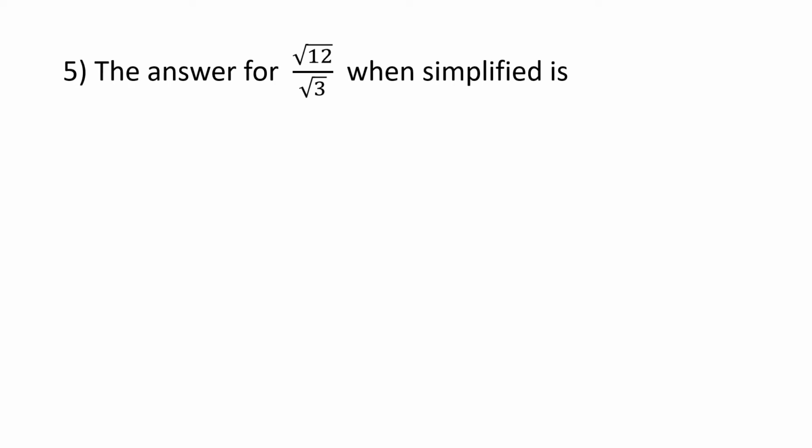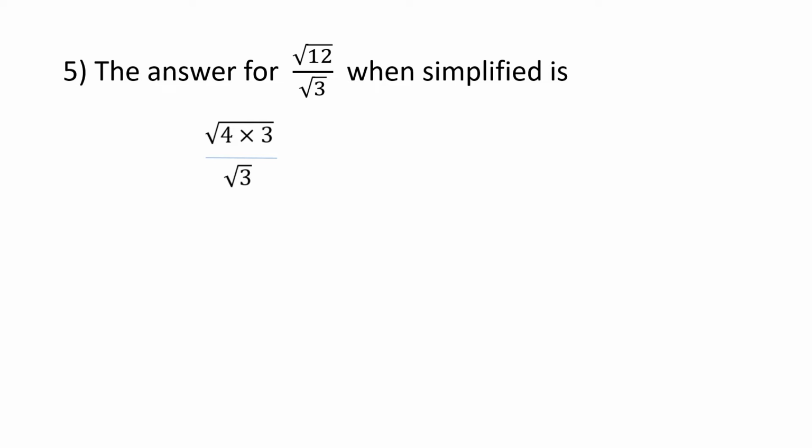Now the question number 5. It's a division. The answer for square root of 12 divided by square root of 3. 12 can be written as 4 multiplied by 3. So, square root of 12 as square root of 4 multiplied by 3 divided by square root of 3.